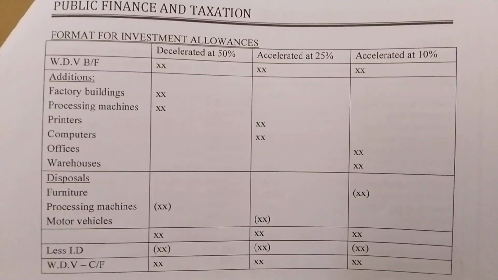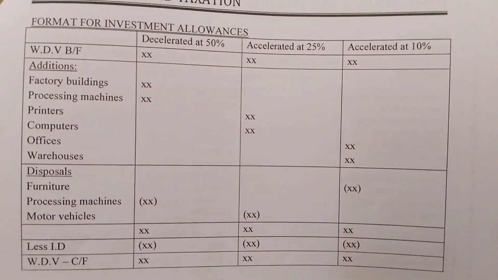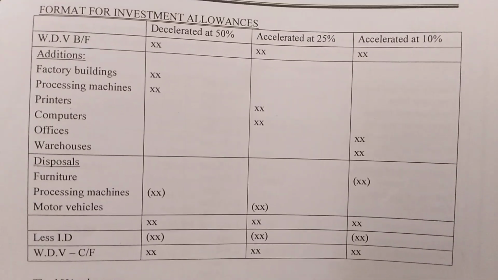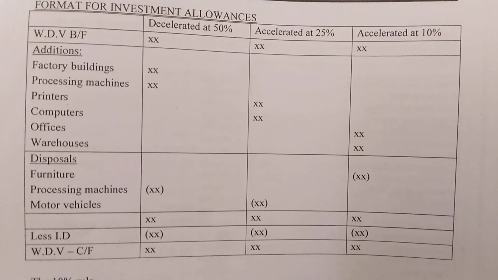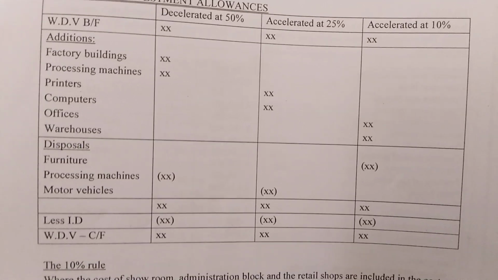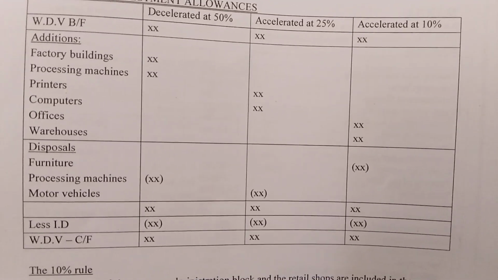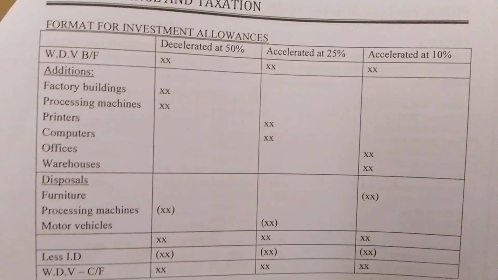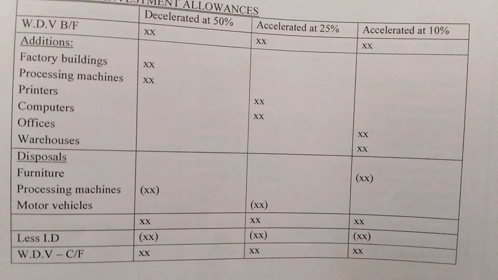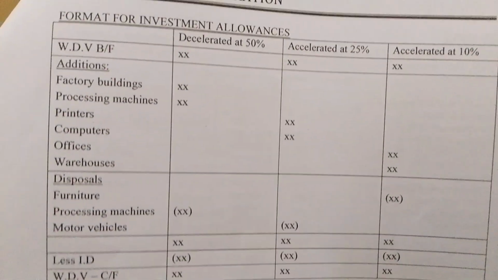We know there are buildings where manufacturing takes place, or those machines which help in manufacturing. Then the second one will be accelerated, the ones at 25%, and the last column is all items which enjoy 10% capital allowance. So you can see we have just tried to show how the items will look.